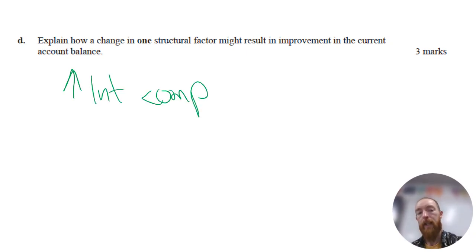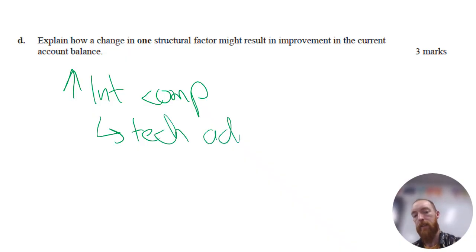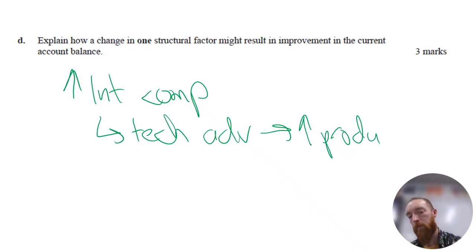So for example, if technological advancements led to increases in productivity, that'd mean that there'd be downward pressure on prices.